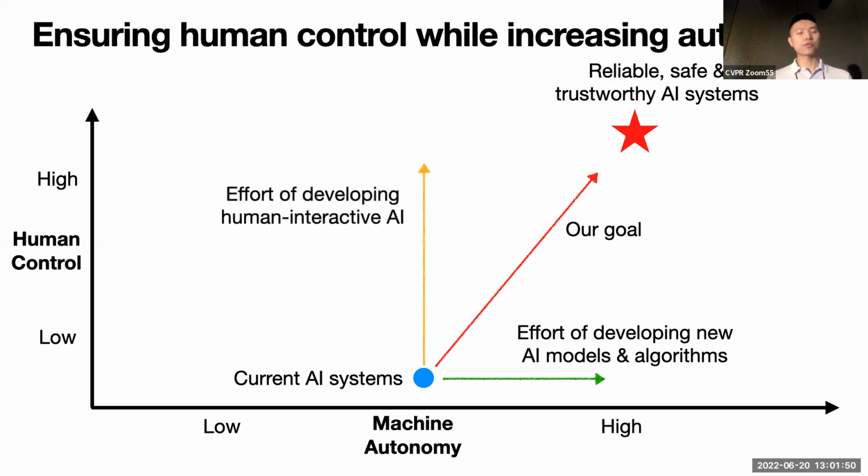I think we also need to pay effort to developing human controllable and human interactive AI. The efforts toward the vertical axis can finally lead us to our goal of building a reliable, safe, and trustworthy AI system.